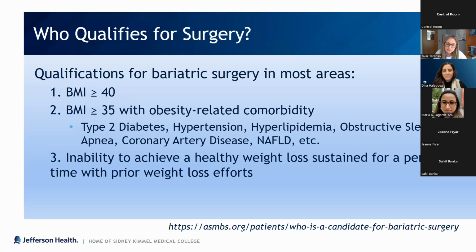The other catch is that we need to demonstrate that you've tried through lifestyle changes to lose weight and have not been able to do this successfully for long periods of time. So usually this is about a 6-month period of documenting, you made lifestyle changes, but we haven't been able to get you down to a healthy weight.